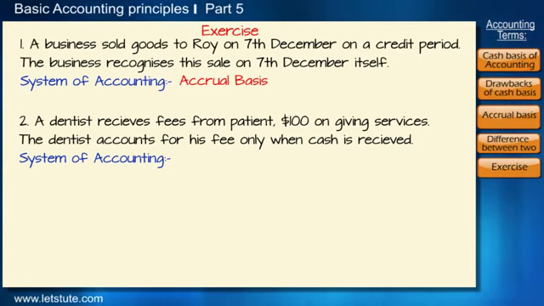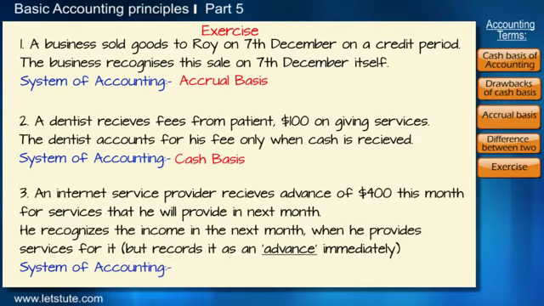The dentist accounts for his fees only when cash is received. An internet service provider receives advance of $400 this month for services that he will give in the next month. He recognizes the income in the next month when he will provide services for it.